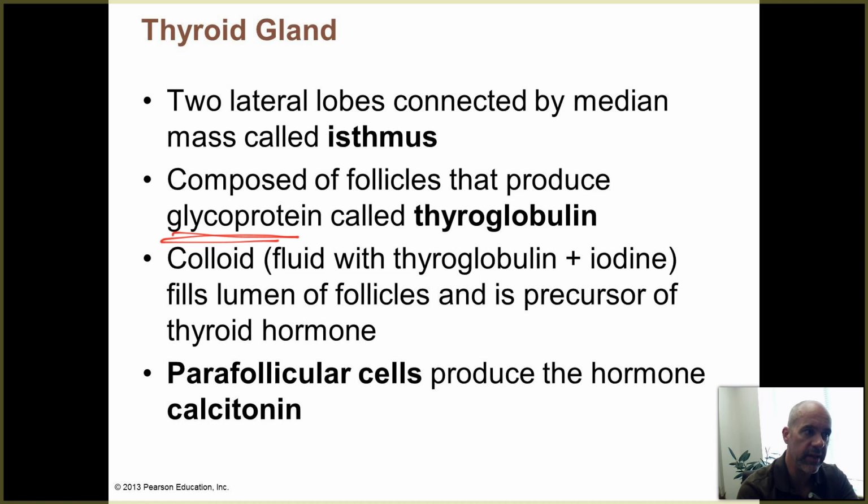That's a sugar protein, a molecule that is a combination between a protein with sugars attached to it. There's one called thyroglobulin. Your follicular cells make thyroglobulin. That is a glycoprotein, and that is stored inside those follicles, inside that colloid jelly-like substance.